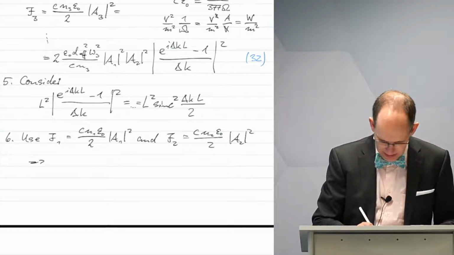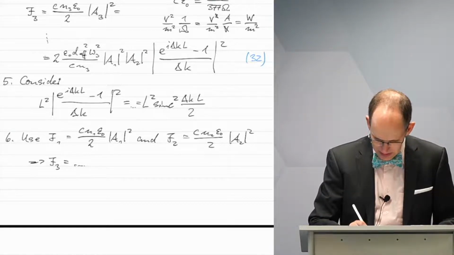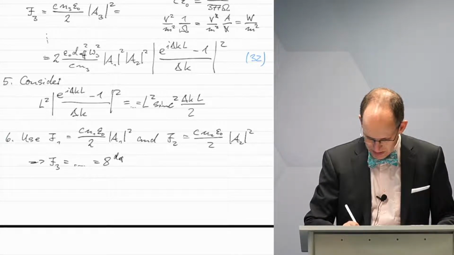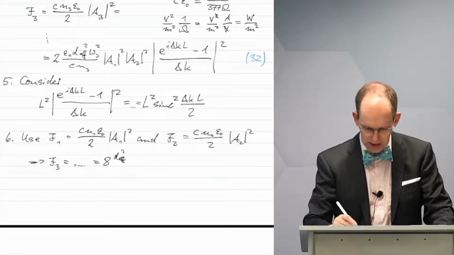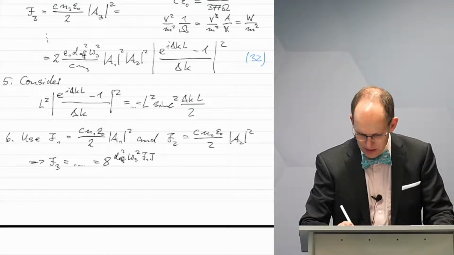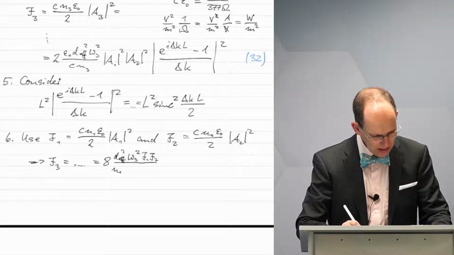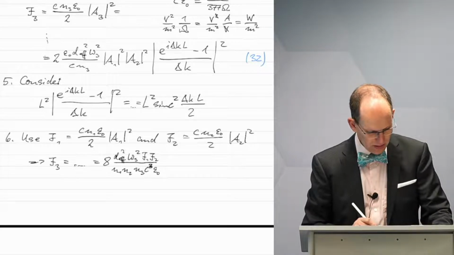Then we get that I3 is equal to, skipping a few trivial steps, 2 times the effective nonlinearity times omega 3 squared times I1 times I2 divided by n1 times n2 times n3 c cubed and epsilon 0.